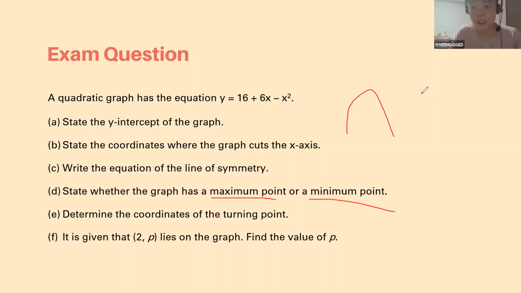So basically it's asking you like that or like that. Does the graph have a maximum point or a minimum point? Can you remember how to tell? What should you look for over here? That tells you the shape of the graph. Smiley face, sad face.